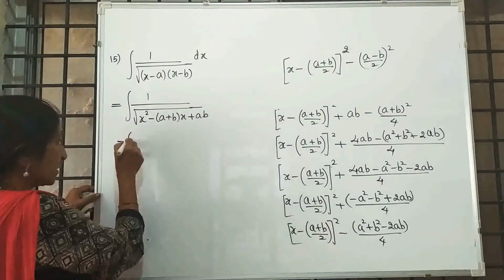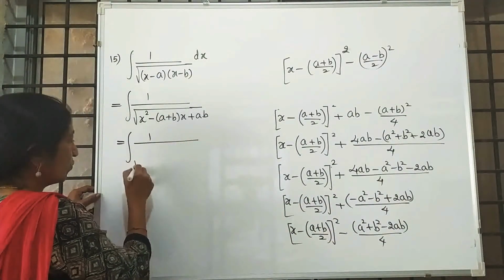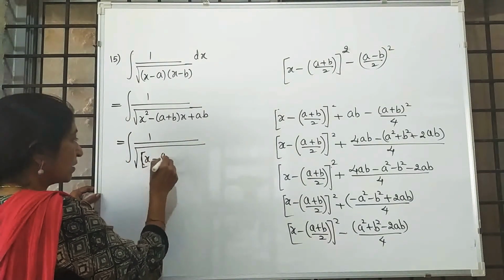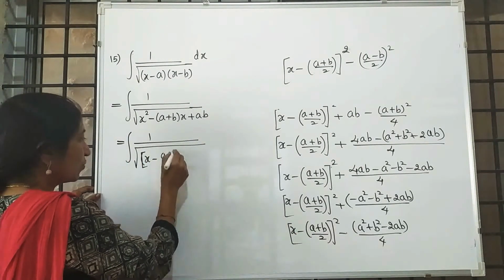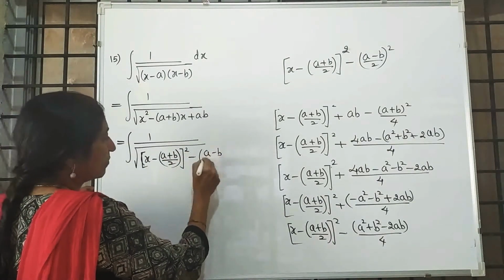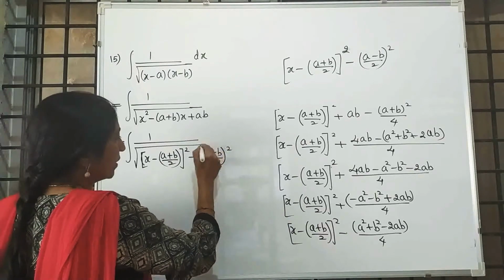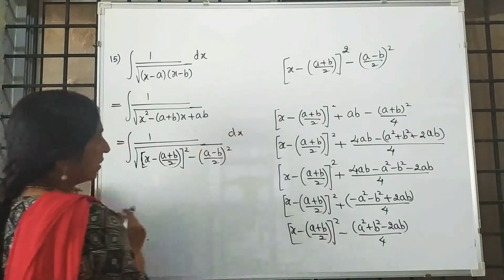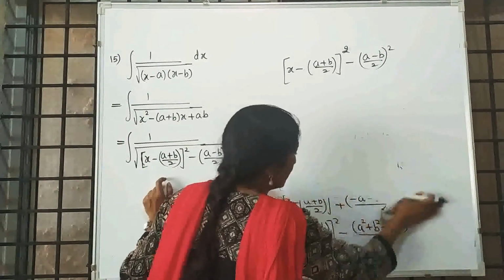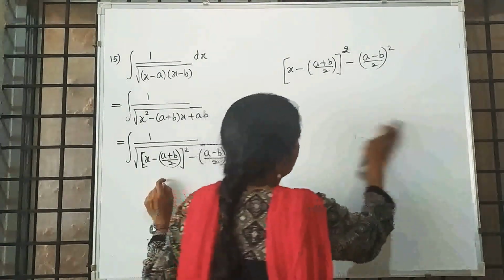So the given problem is written as 1 upon root of ((x minus (a plus b) upon 2) whole square minus ((a minus b) upon 2) whole square) into dx. And for our convenience, I am writing x minus (a plus b) upon 2 as t.